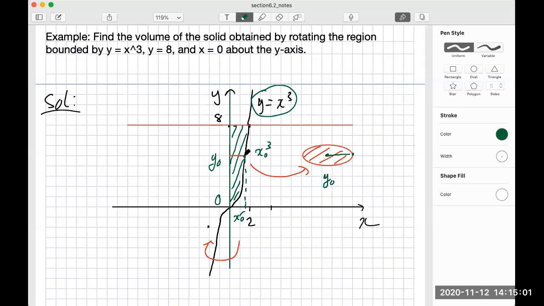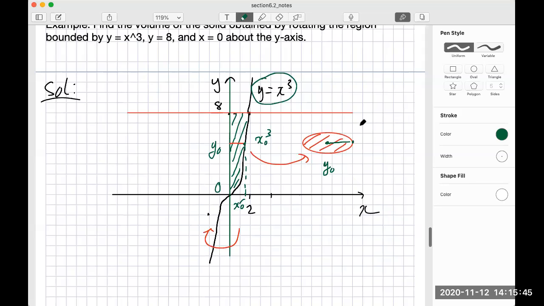This is a line, right? Then we rotate this red line about the y-axis. It will draw a circle here, right? But remember, the radius of this circle is the distance from y0 to this point. And this point belongs to the graph y equals x cubed. Therefore, if we're given the y coordinate, then the x coordinate will be this guy, right? Okay.